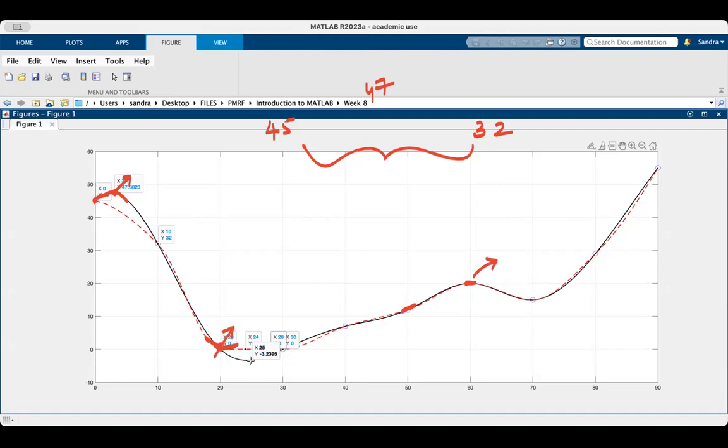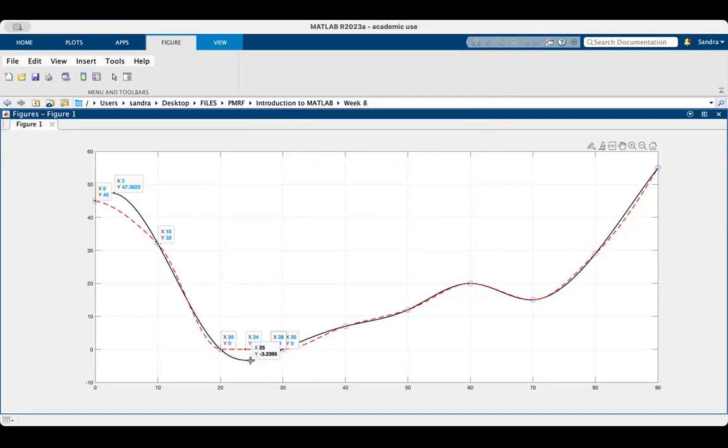But spline interpolation is done in such a way that wherever you have a data point, it should have smooth curves. That is why this spline interpolation curve comes out smooth. On the other hand, the PCHIP curve is sharp. Is this clear? What is the fundamental difference between PCHIP and spline?